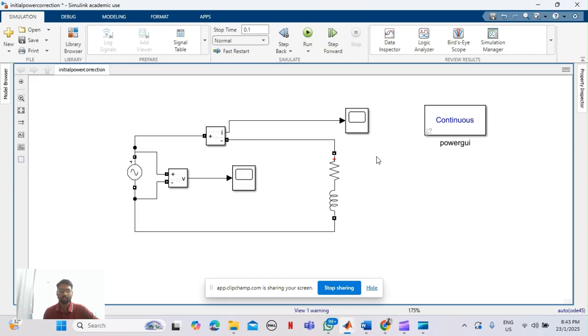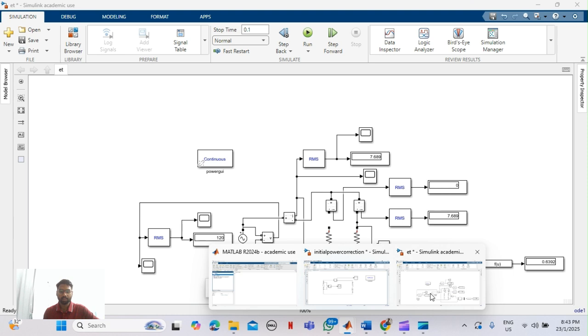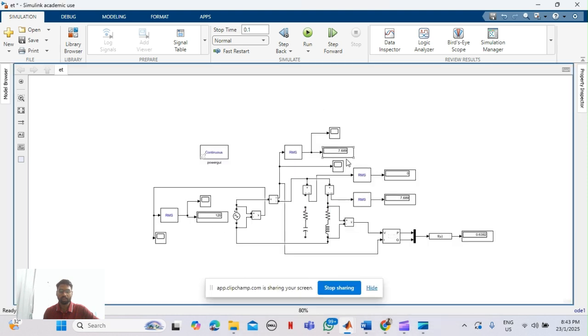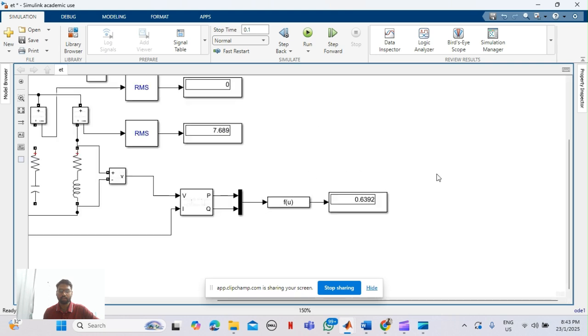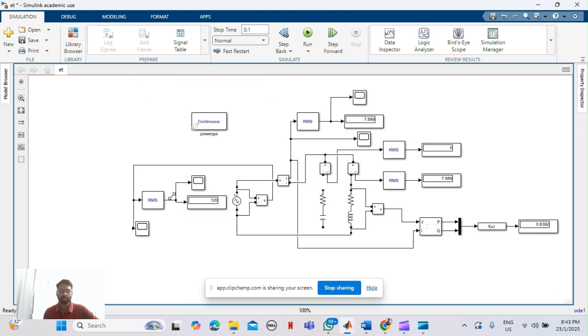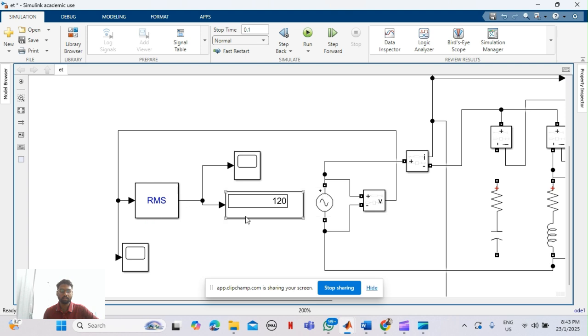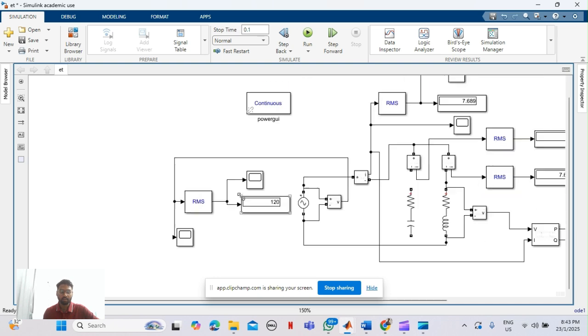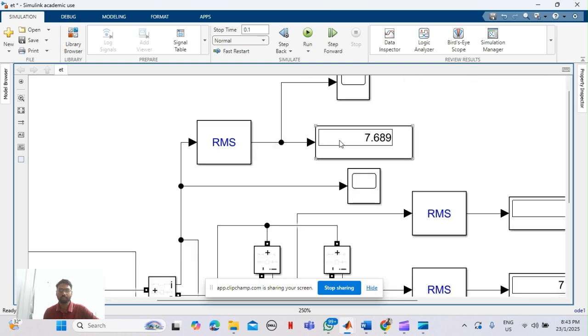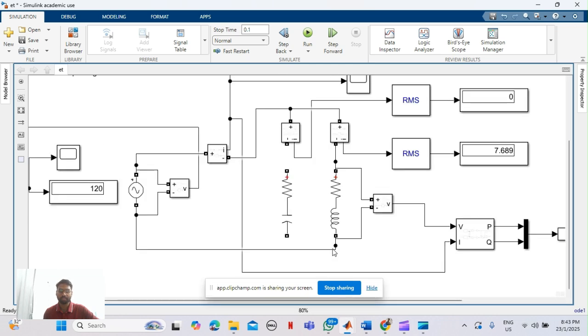This was our previous MATLAB model. So I've modified it into this model so that we can analyze the current total and also the power factor. So let's dive closer. So now we have an AC voltage source which is giving a VRMS of 120, and the current going, as we calculated, was 7.68.